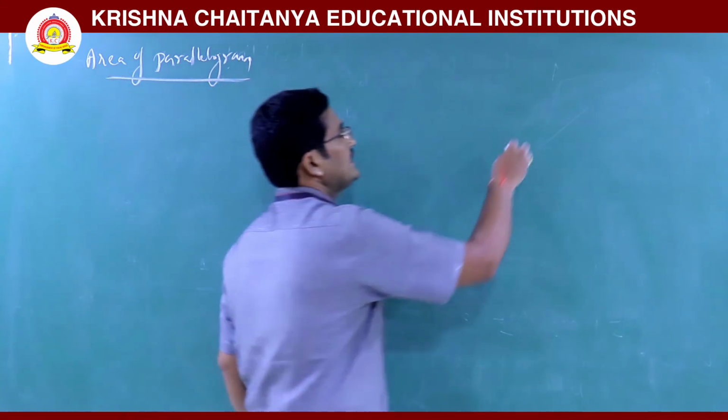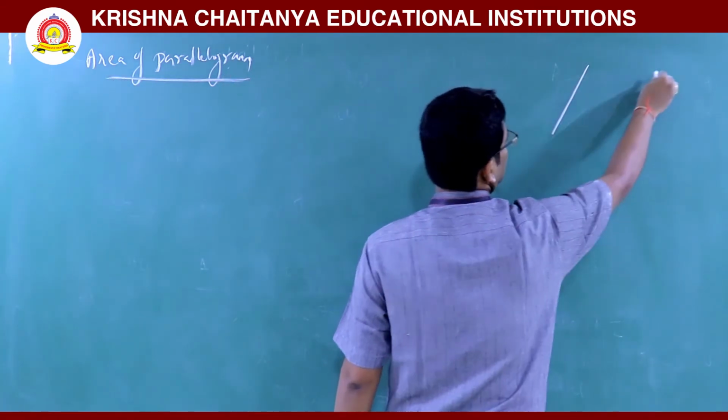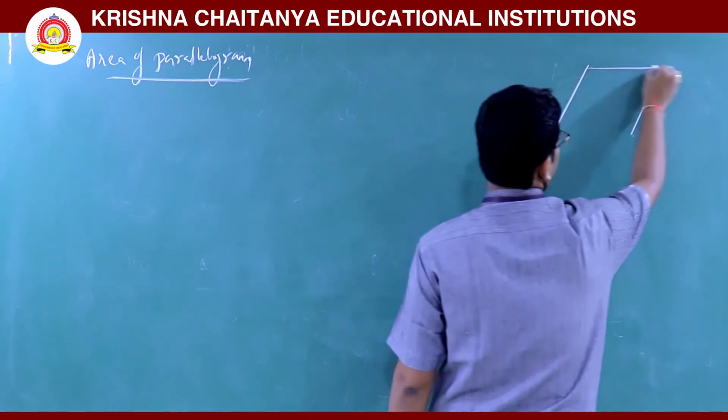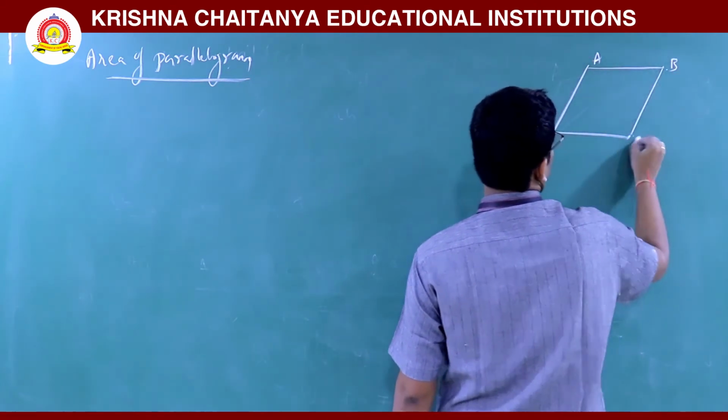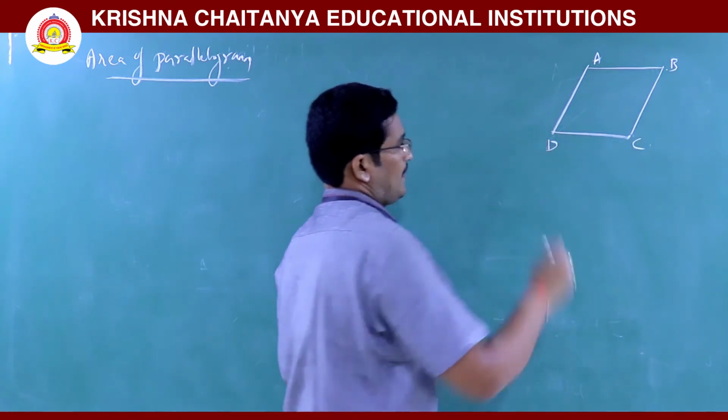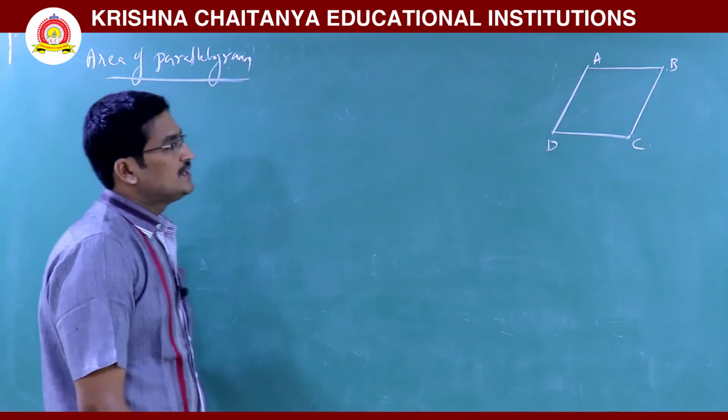Suppose I am taking the parallelogram ABCD like this. It is a figure ABCD parallelogram, and we need the area of it.